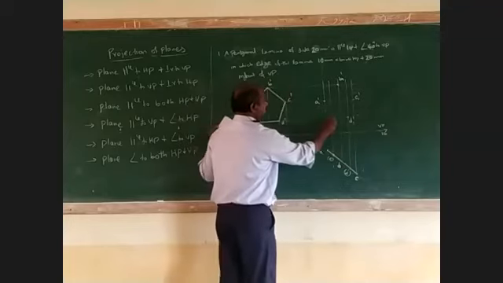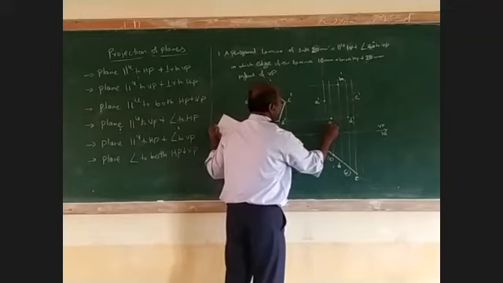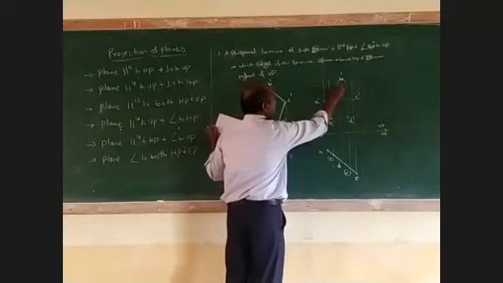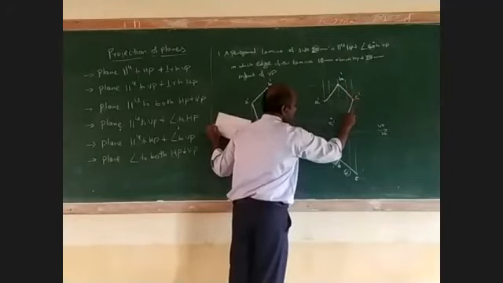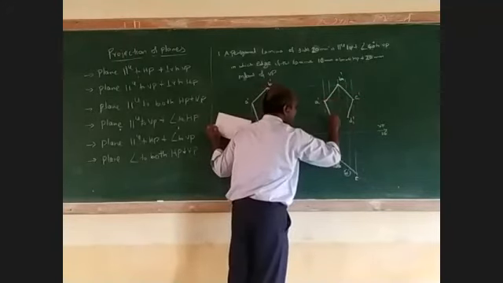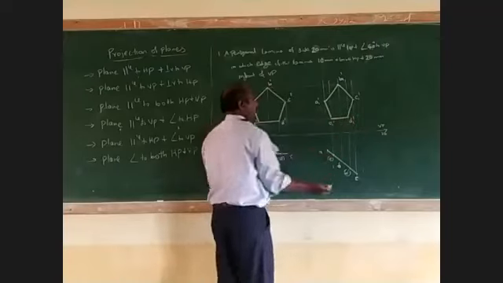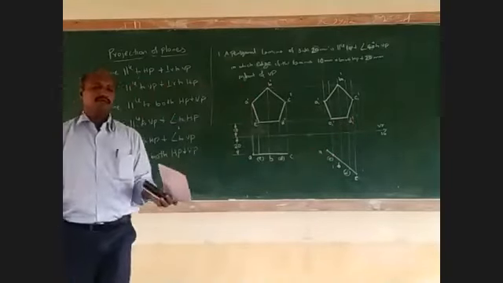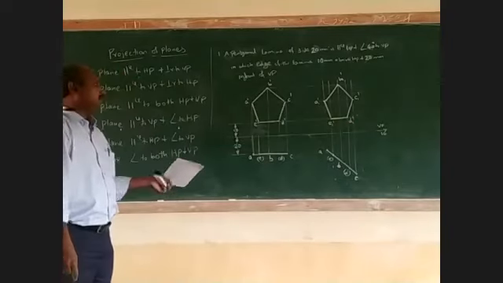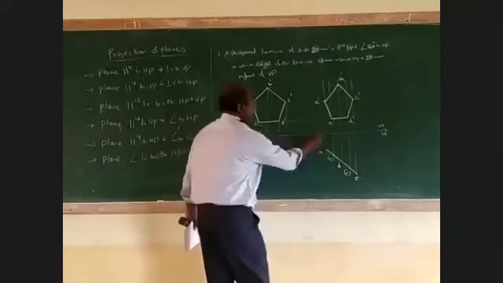E and E dash, E1 dash. Now you join the image, all the points. This is the final. If it makes an inclination, then the pentagonal lamina should be like that. Now you put the inclination.